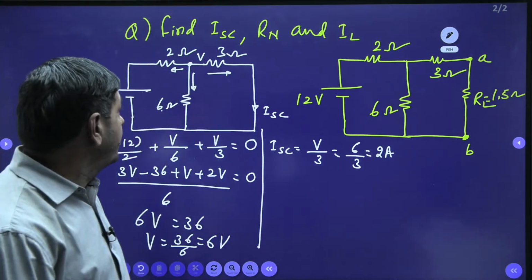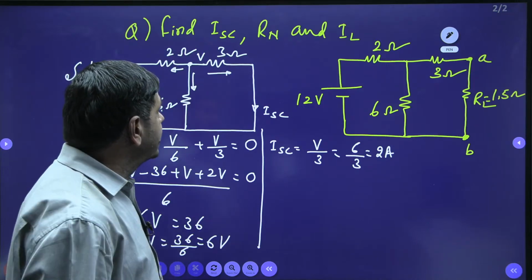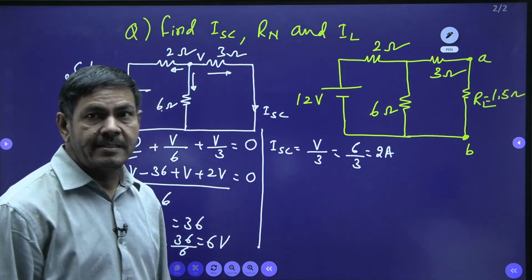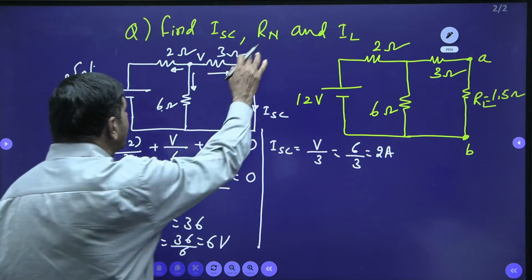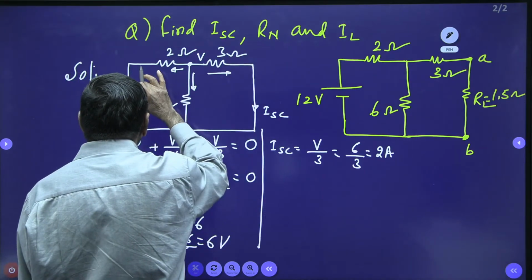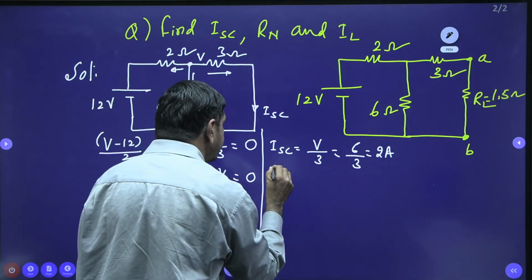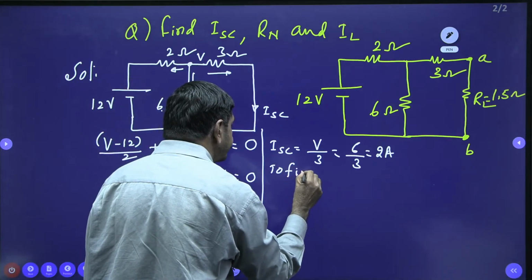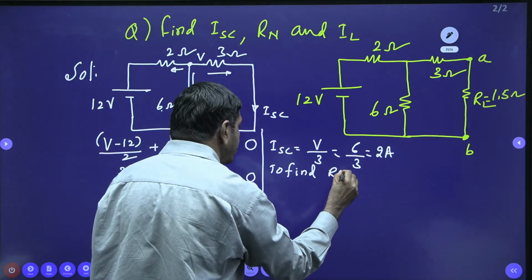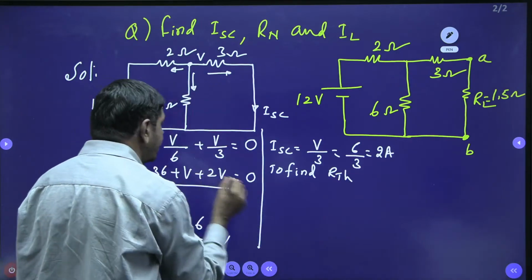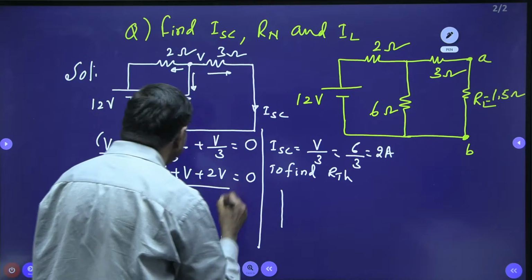What about the next parameter? We need to calculate Norton's resistance. To find Norton's resistance, what do you have to do? Wherever the independent voltage source is given, that must be shorted. To find RTH, wherever the voltage source is given, you short.